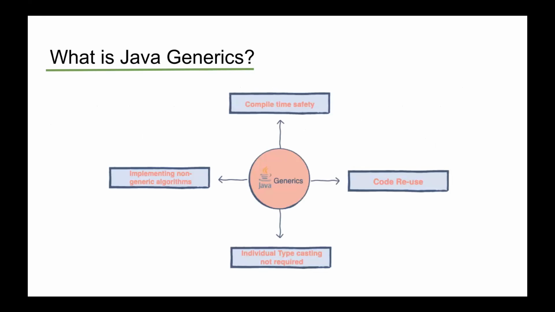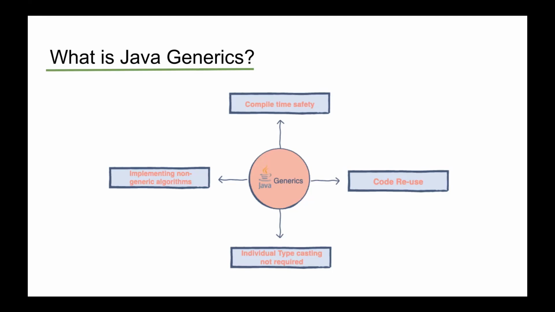And so with generics, basically you achieve compile time safety because if you implement generics, usually generics are checked at compile time, right? And also you can reuse your code. I mean, you're not going to duplicate your code, or copy paste and customize a little bit of your existing classes, right?